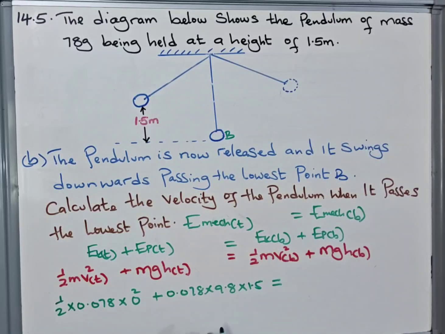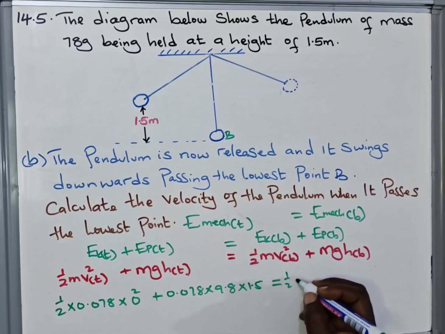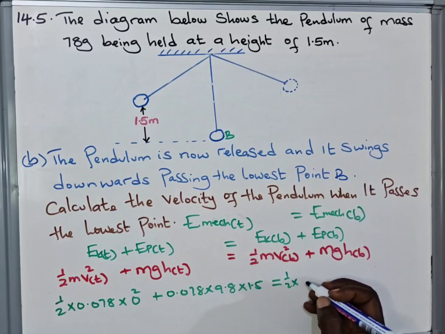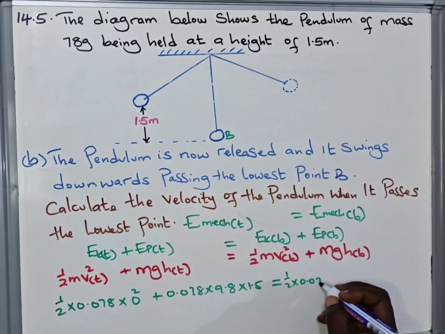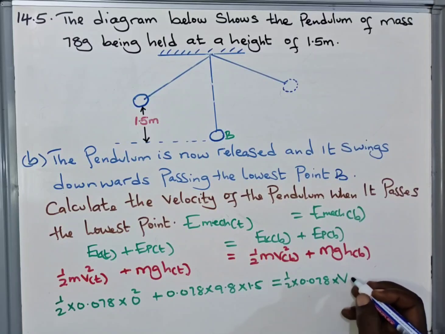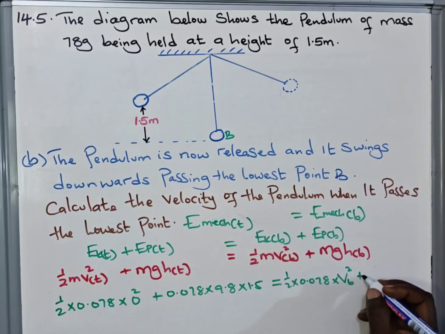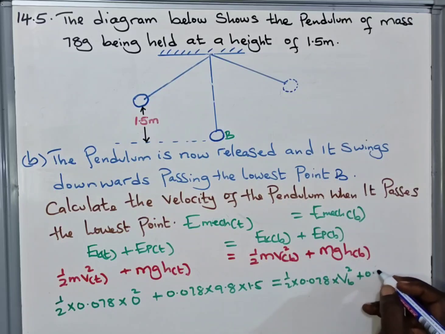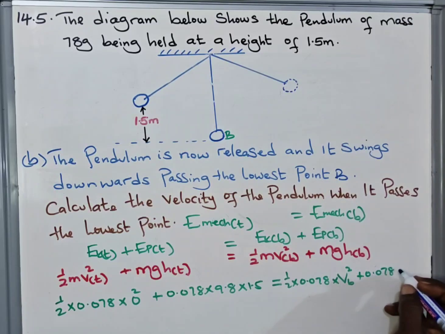This is equal to a half times the mass, 0.078, times the velocity, which we are looking for, plus the mass, 0.078, times this constant gravitational acceleration times the height. At the bottom, the height is 0.